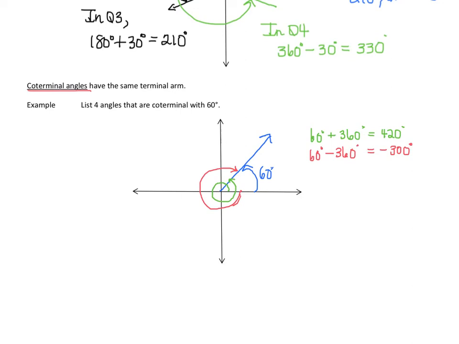And basically I could repeat either one of those as many times as I wanted, rotating in either direction. So what I mean by that is, for example, we could rotate in a counterclockwise direction 2 complete rotations.